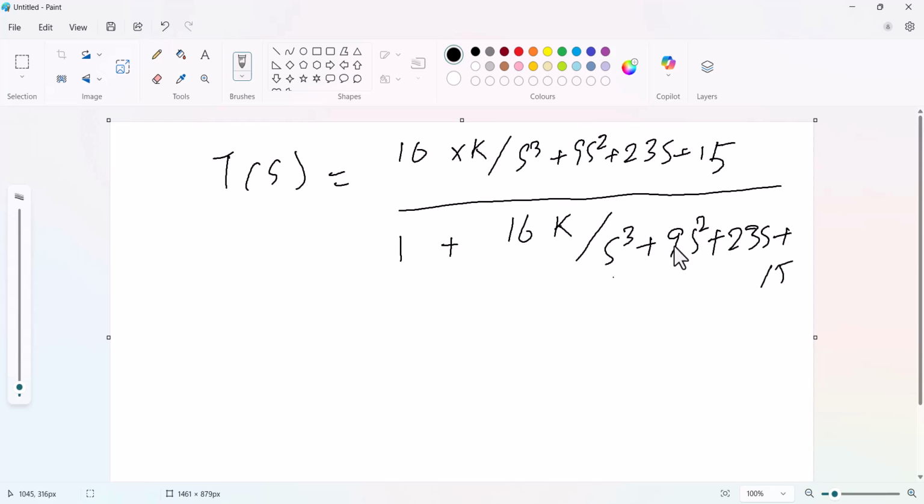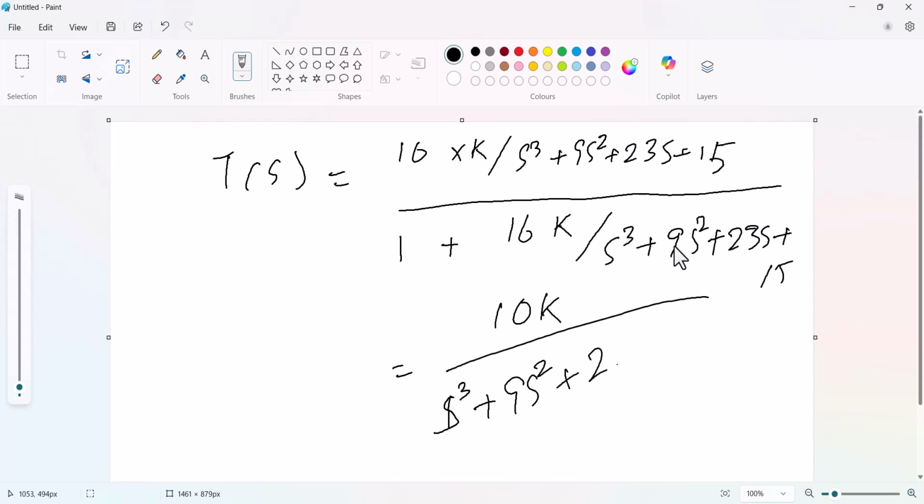So we move these two here and this will get cancelled with this thing, so we will get only 10K over s cubed plus 9s squared plus 23s plus 15 plus 10K.